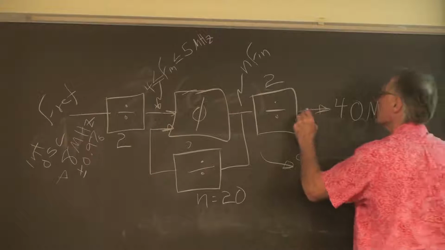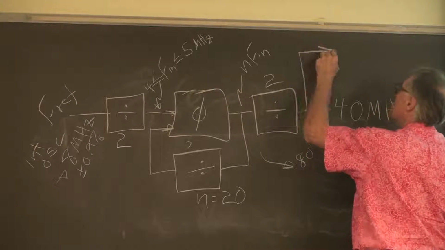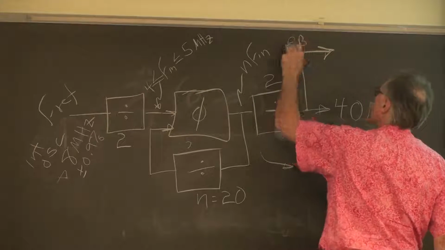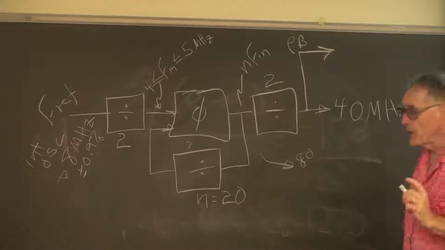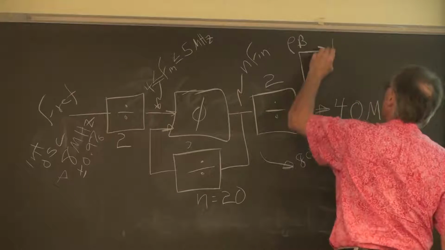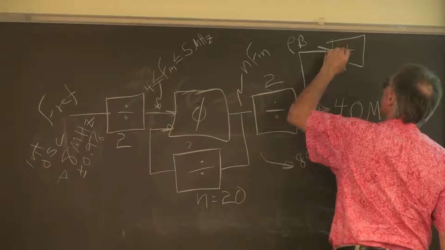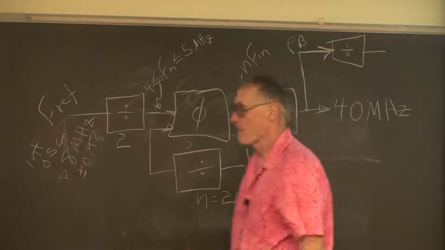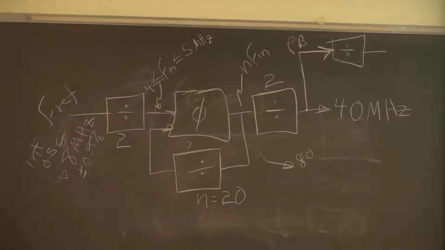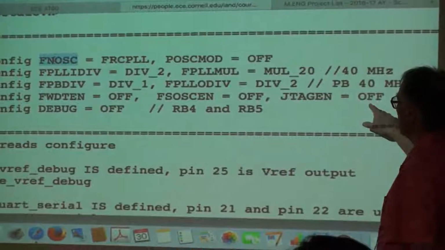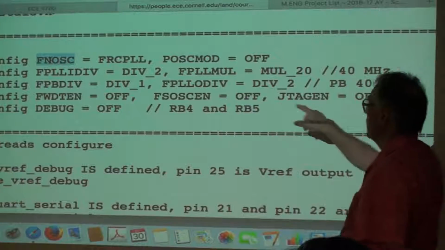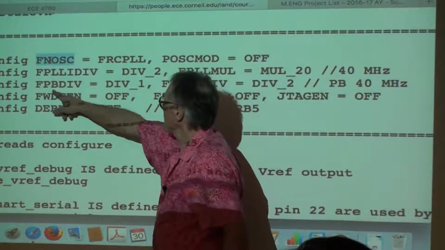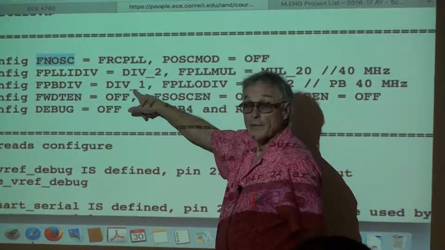Then the peripheral bus clock comes off of here with an optional divider. In this case, the peripheral bus divider is set to 1.